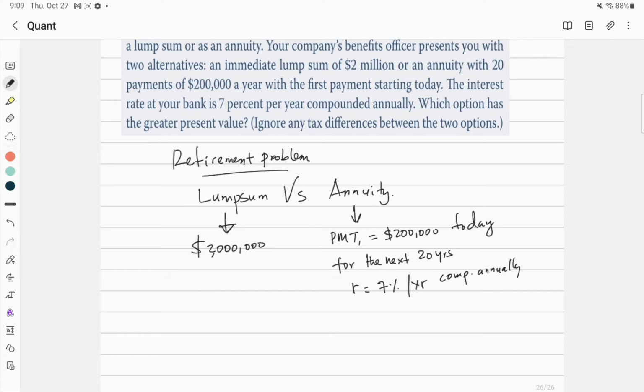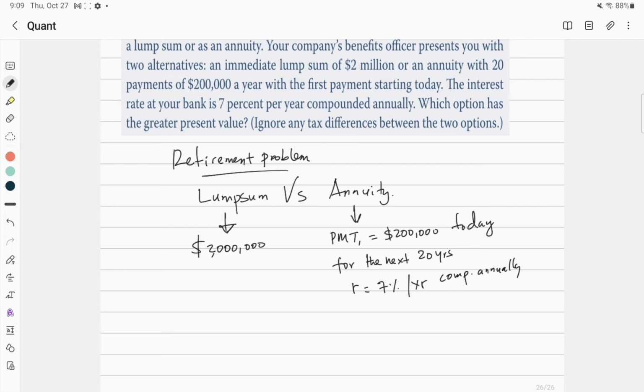So you're retired, you're done with our company, thank you for your service, here are your retirement options. The first option is that we give you $2 million today and nothing after this, or we pay you $200,000 today, and every year, at the end of each year, we pay you $200,000 for 20 years, with an interest rate of 7% per year, compounded annually.